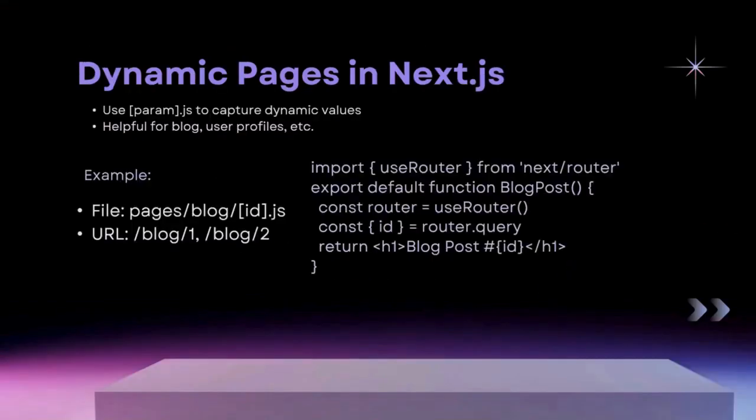Dynamic pages in Next.js. Using square brackets, you can capture dynamic values, which helps with blogs, user profiles, and the like, for example pages/blog/[id]. Here I gave a real-time example. Suppose there are two people: the first is me, my name is JP, and the second person is Ram.